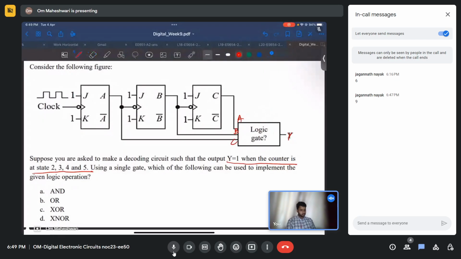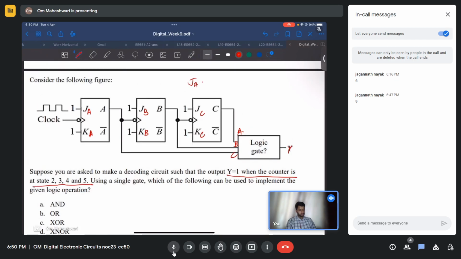Let me call the inputs J0, K0, J1, K1, J2, K2, that is JA, KA, JB, KB, JC, KC. All J and K are equal to 1. That means at every clock cycle it will flip.